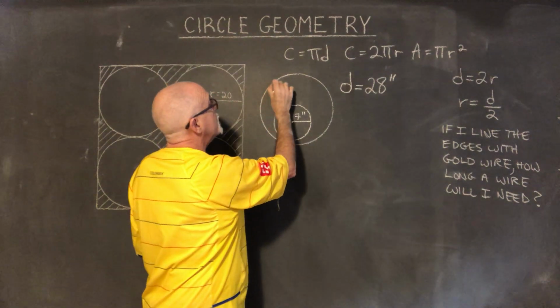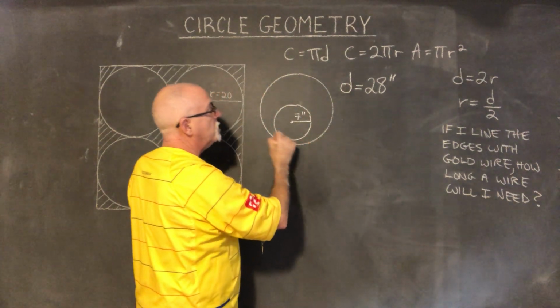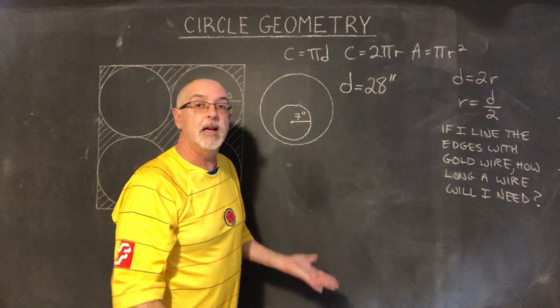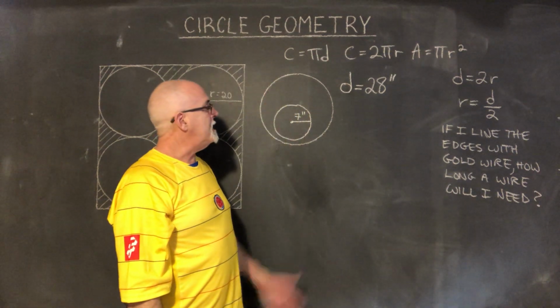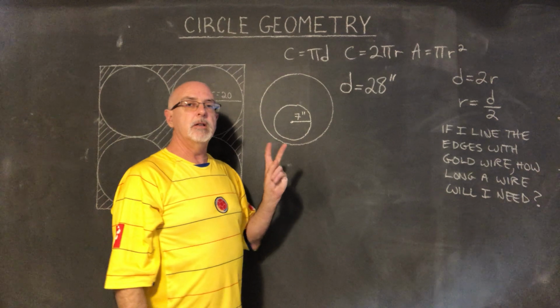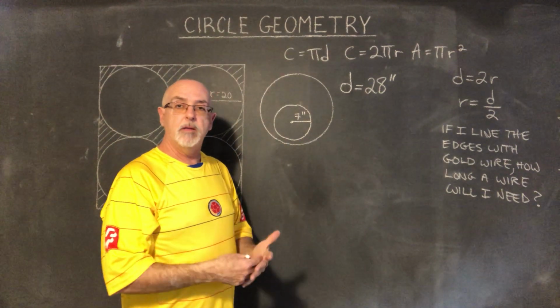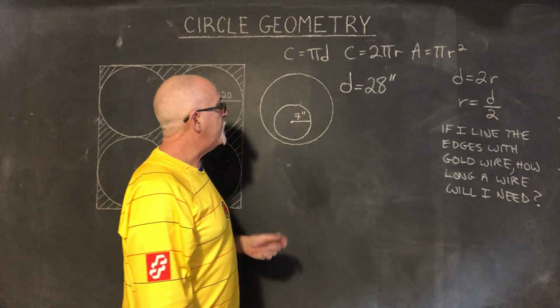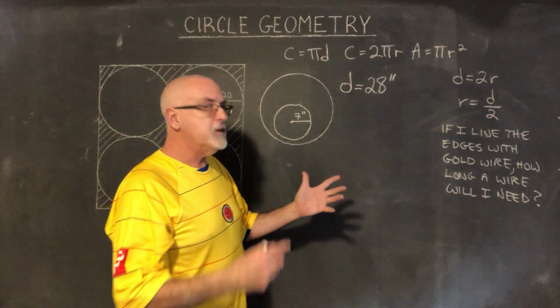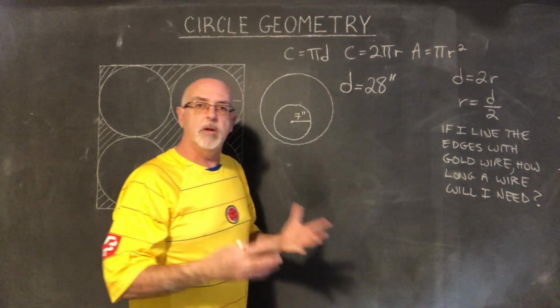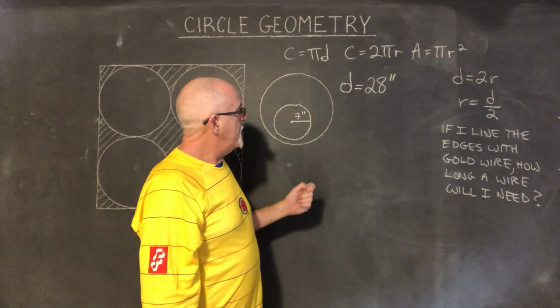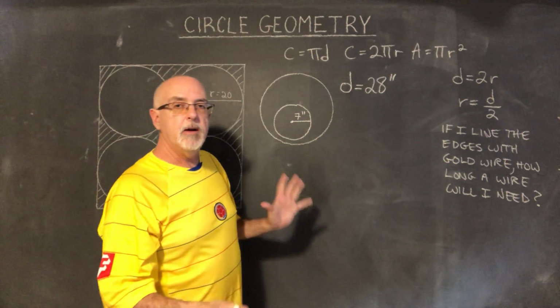But I'm also lining all of the edge of the big circle, because that's also an edge. So I realize what I need is to find the total circumference of these two circles. If I find the circumference of both of them and then add them together, I am going to have the answer to my question. So sometimes it's not so obvious what they really want when you first read the word problem. Reading it more than once helps you to figure it out.